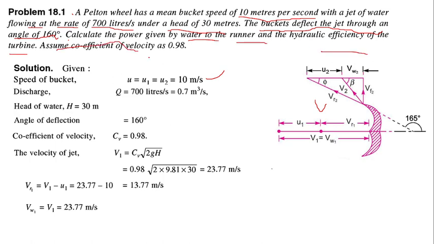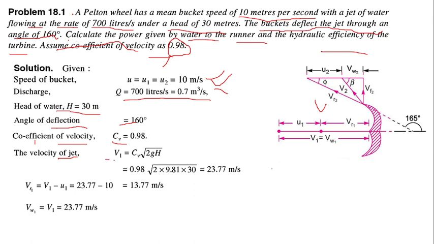Assume the coefficient of velocity Cv is 0.98. Speed of the bucket U1 equal to U2 is equal to 10 meter per second. Discharge Q is equal to 700 liter per second, which is 0.7 meter cube per second. Head of the water H is equal to 30, angle of deflection 160, coefficient of velocity Cv.